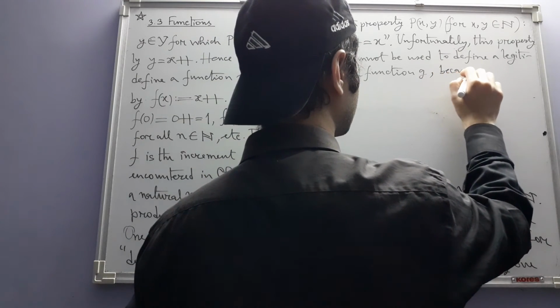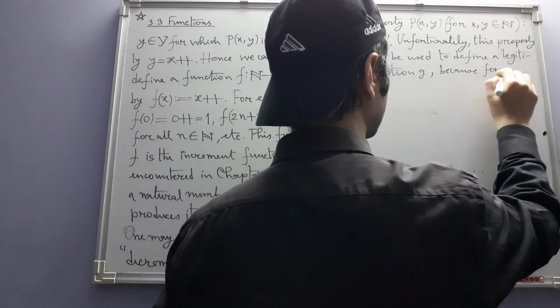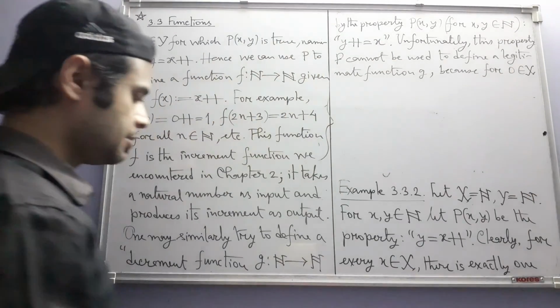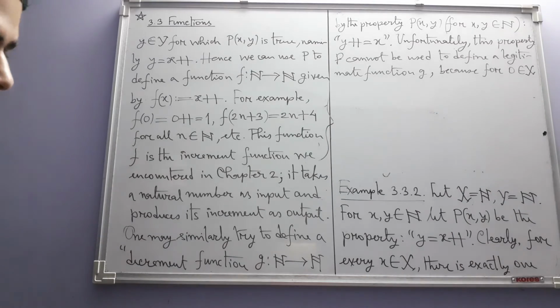Because for 0 belonging to X, since our X is N, that natural number is also there.